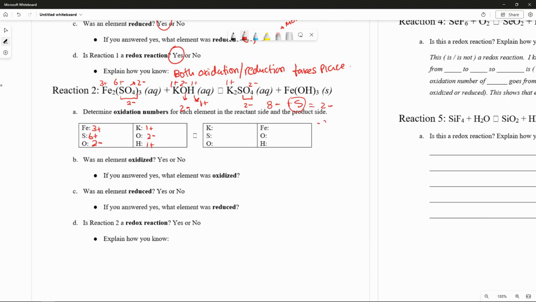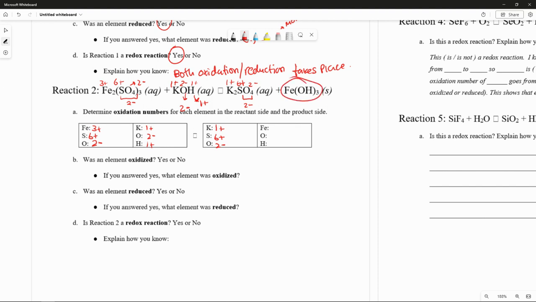So that's the oxidation for the whole sulfate ion, plus something for S equals negative 2. So then S has to be 6 plus. So we've determined S as well as 6 plus. So we can write it here, 1 plus, 6 plus, and 2 minus.